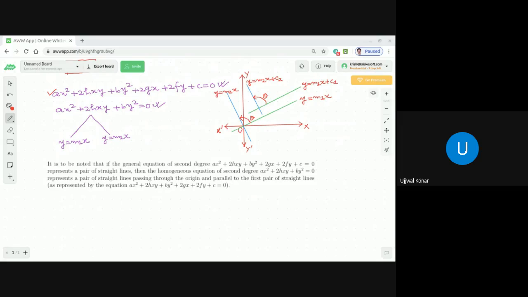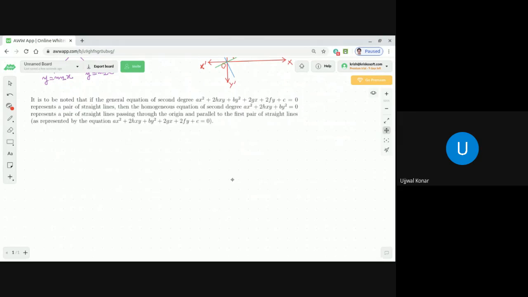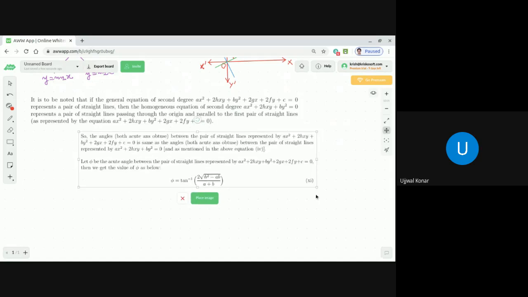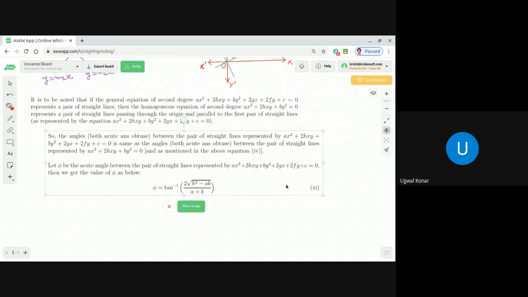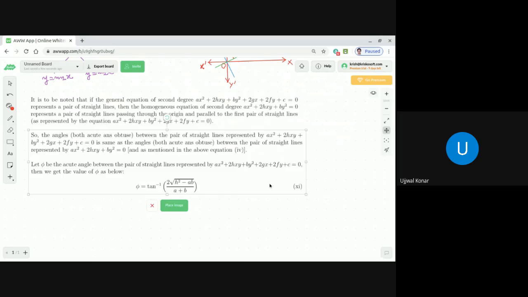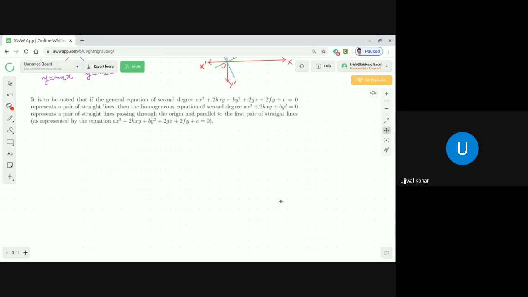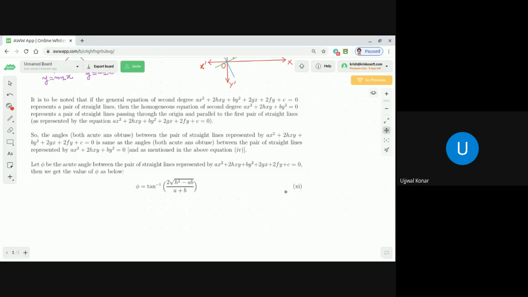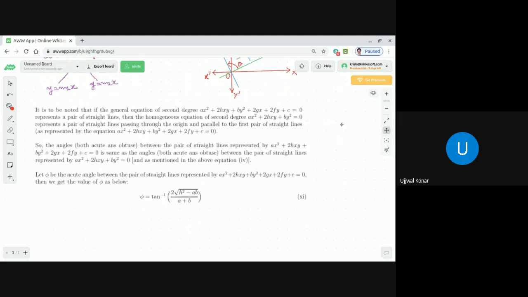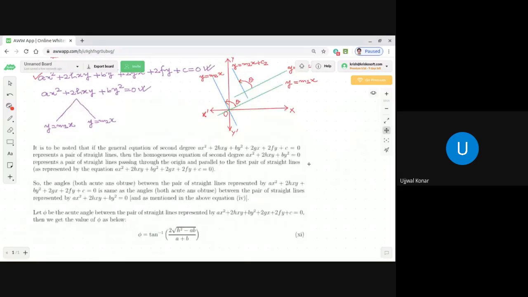Already we are aware, from the homogeneous equation, of the angle between the straight lines. Okay, so let me show it to you here. If we consider phi as the acute angle between the pair of straight lines represented by the homogeneous equation, then the value of phi is equal to tan inverse of 2 into square root of h² minus ab by a plus b.